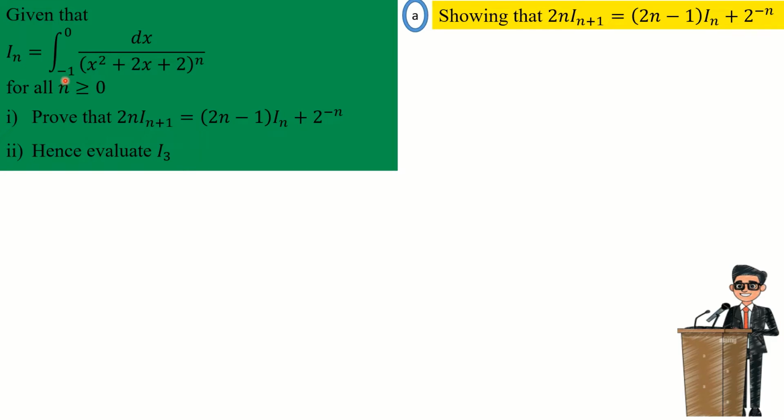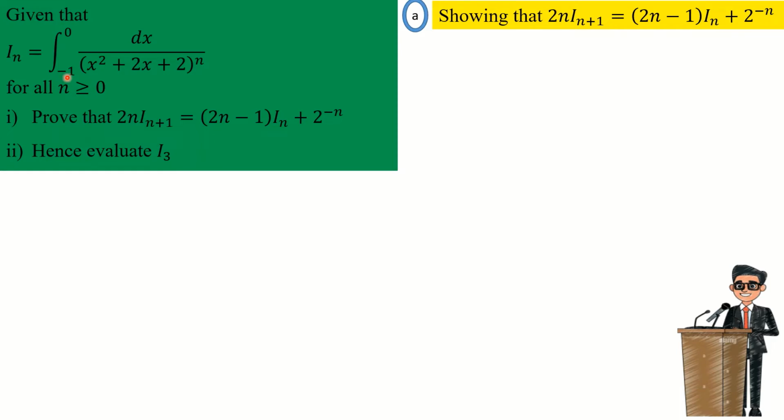Here, the limits are from -1 to 0. It's really bizarre, so we can try to change the limits and see if it's possible for the bounds to be positive. But if there is no possibility, then we proceed like that.